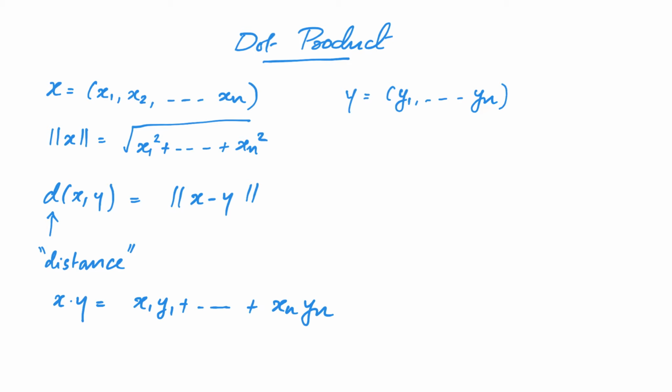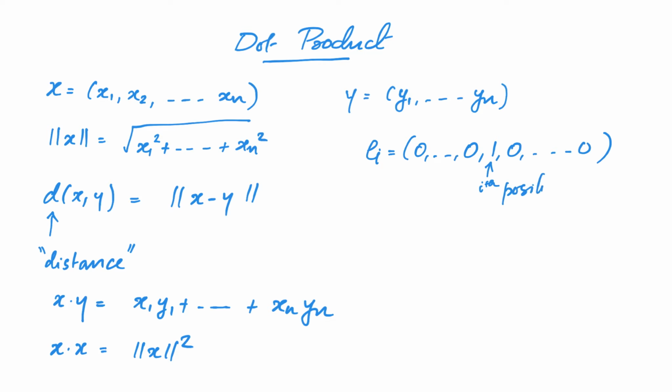up to xn yn. For now, we don't know what this means, but notice that x dot x is equal to norm x squared. Further notice that if you define ei to be the vector which has 0 in all places except the ith position, and in the ith position we have 1, and you take the dot product of x with ei, then you get the ith coordinate of the vector.